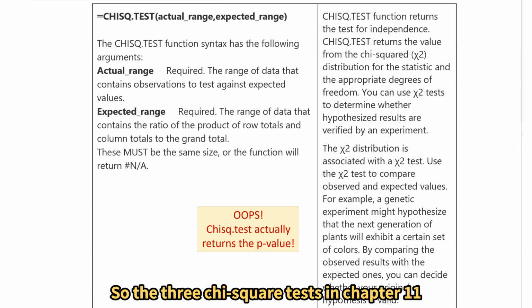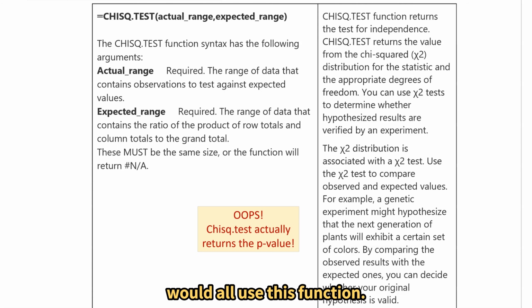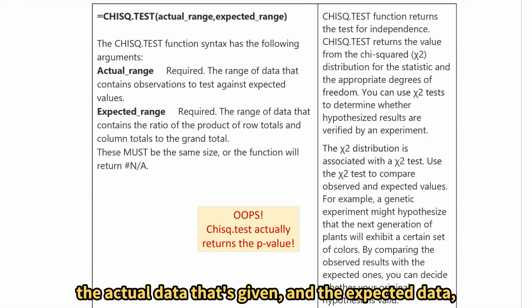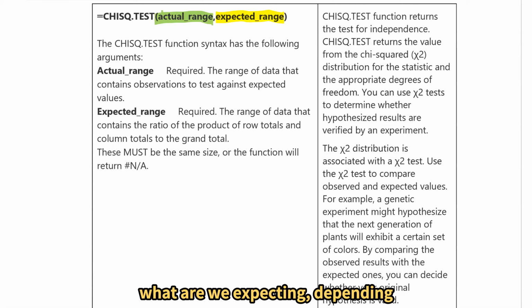So the 3 chi-square tests in chapter 11 would all use this function. All 3 of them have 2 parts: the actual data that's given and the expected data. What are we expecting depending on which test we're doing?